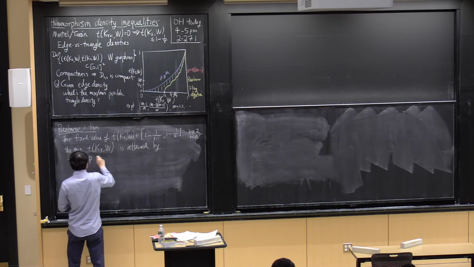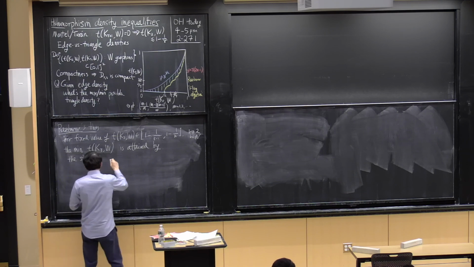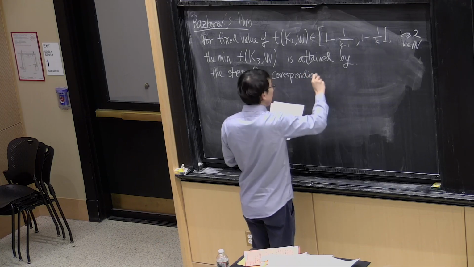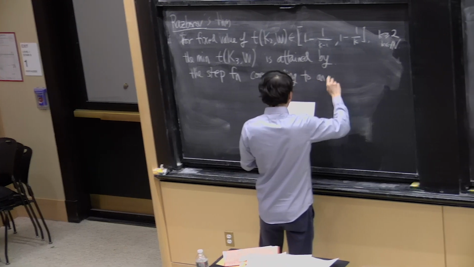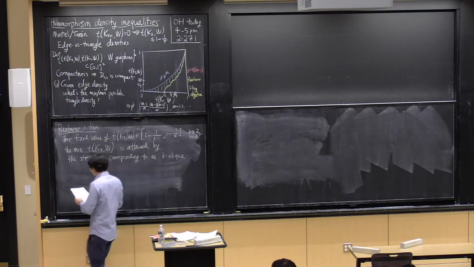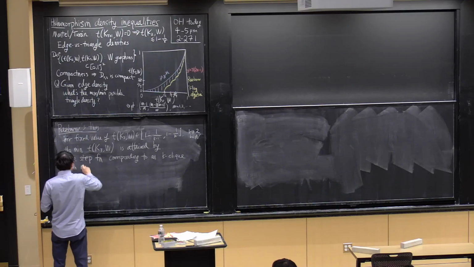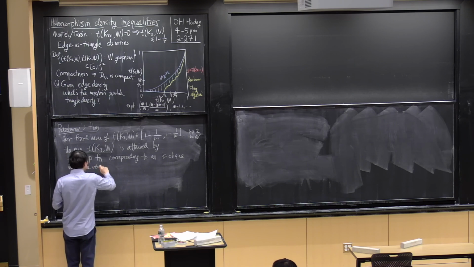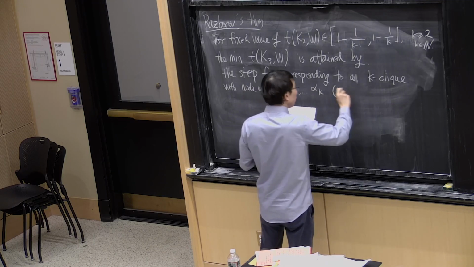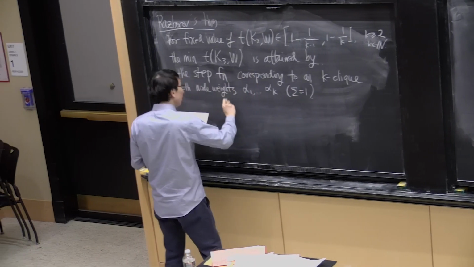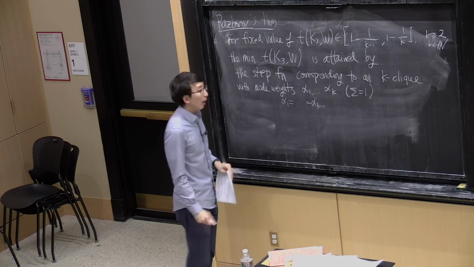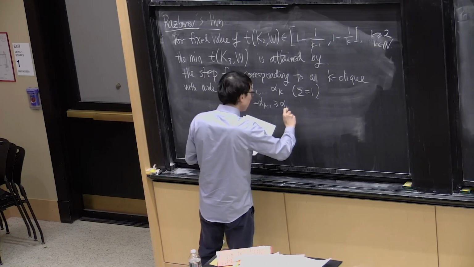It is attained by the step function, the graphon, corresponding to a k-clique, so a complete graph on k vertices with node weights alpha 1 through alpha k, summing to 1, and such that the first k minus 1 of the node weights are equal, and the last one is smaller.